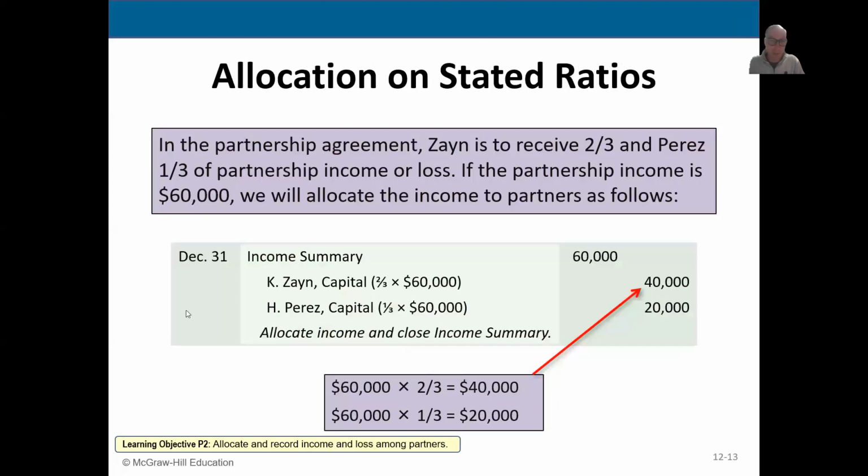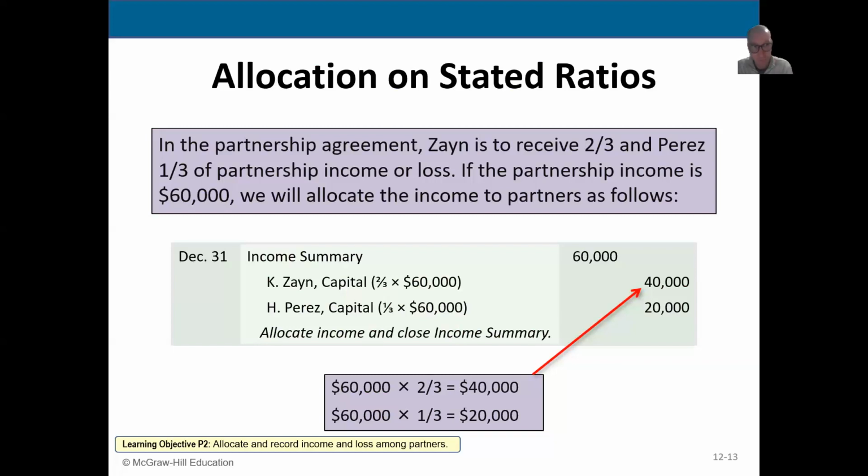So based off of that, in our example, here's the ratio. Kayla is 2/3 owner of the business, and Hector is 1/3. Okay, cool. That's the ratio that they agreed upon. So based off of those allocations, we would allocate any net income that the business receives or net loss that the business owes.